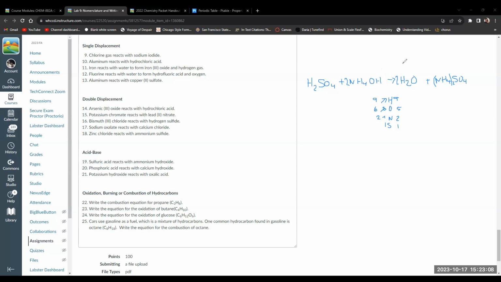This is 4 hydrogens plus the ones from here gives me what? 2, 4, it's 8 plus it's 12.